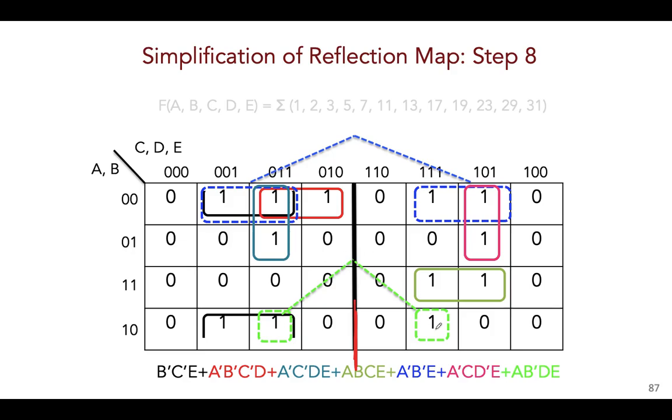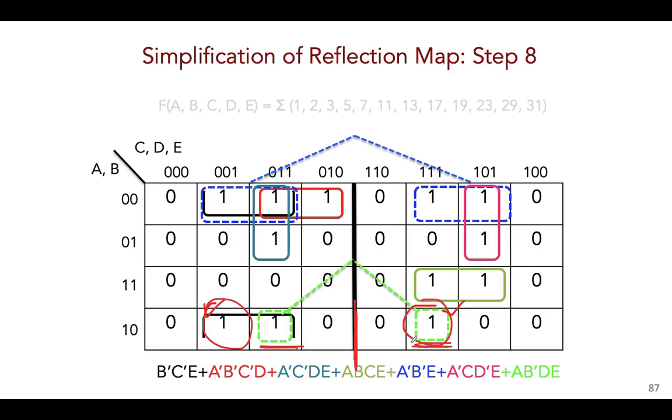Now you have to be very careful, because when we talked about 5-variable K-maps in the form of 2 separate 4-variable K-maps, this one would have formed a group with this one, because this cell was considered to be adjacent to this one. But now this is the mirror, which means this is adjacent to this.